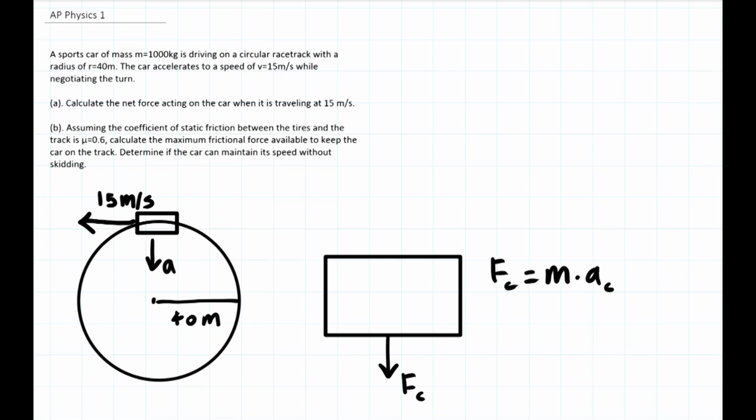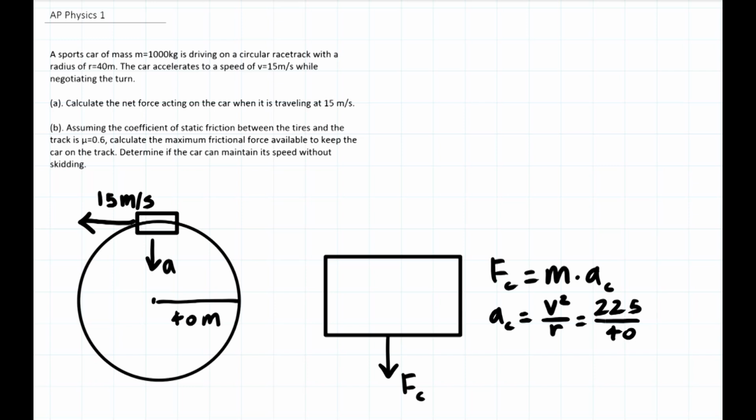And there's actually a formula that you need to know for centripetal acceleration. For an object in circular motion, the centripetal acceleration is equal to v squared over r. And in this case, that's equal to 225 over 40.